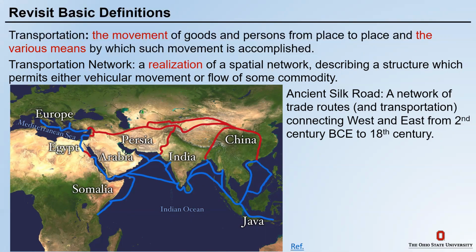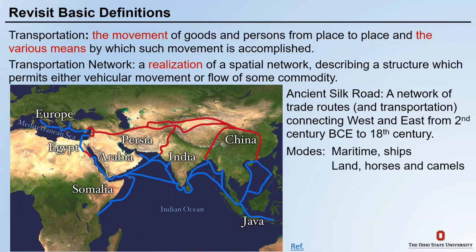You can see that this system was distributed from China to Europe in ancient times to connect the whole continent of Euro-Asia, right? So what are the transportation modes used here? Two modes, right? Land and maritime.